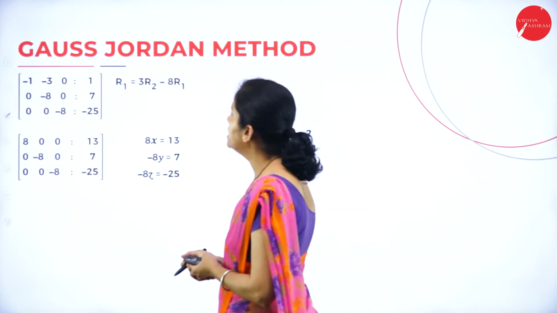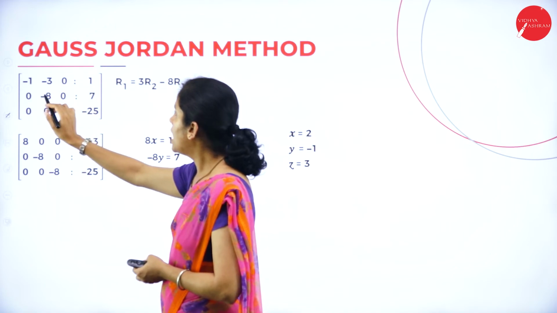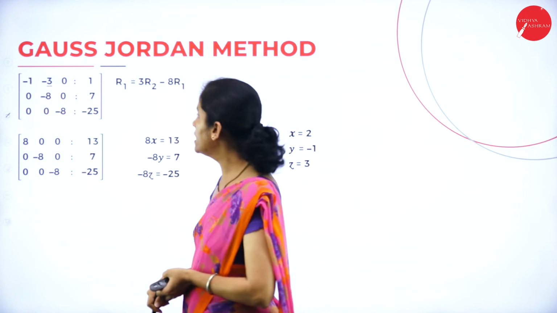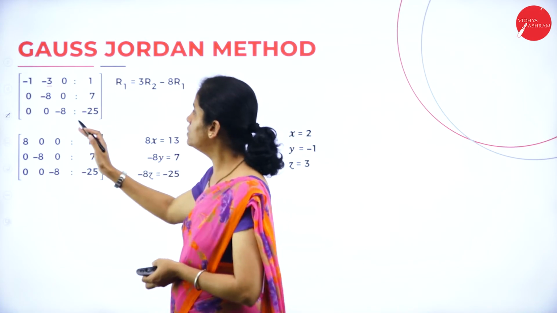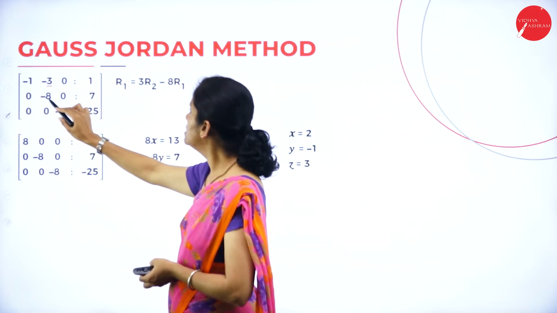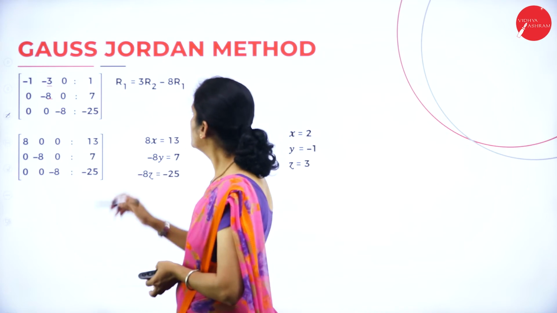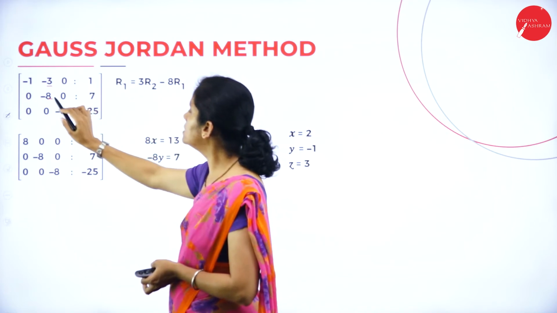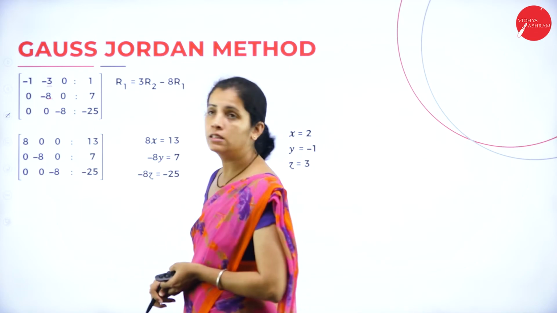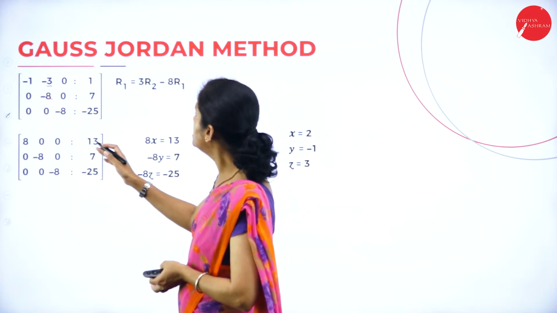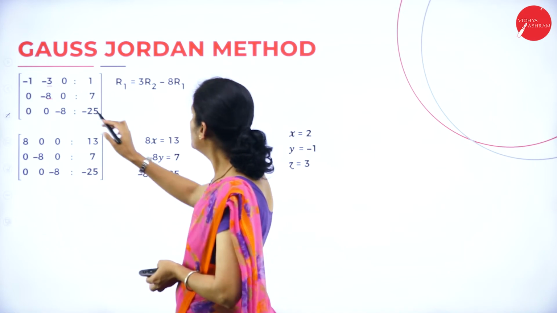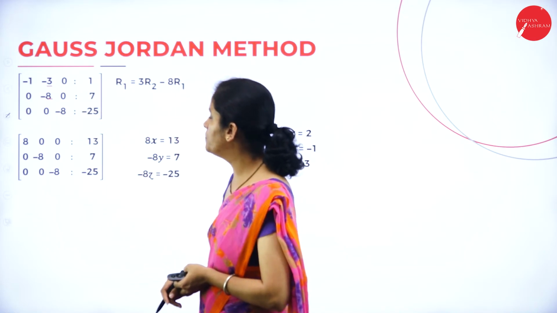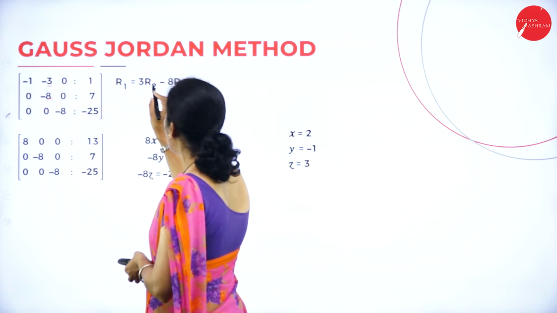Now dear students, see here, I want to make this element 0. To make that element 0, I'm going to consider the second row. So R1 equal to row 2, and when I multiply this one with the value 3, 3 eights are how much? It is 24. 24 minus 24, I'll get the answer 0. So here 3R2.